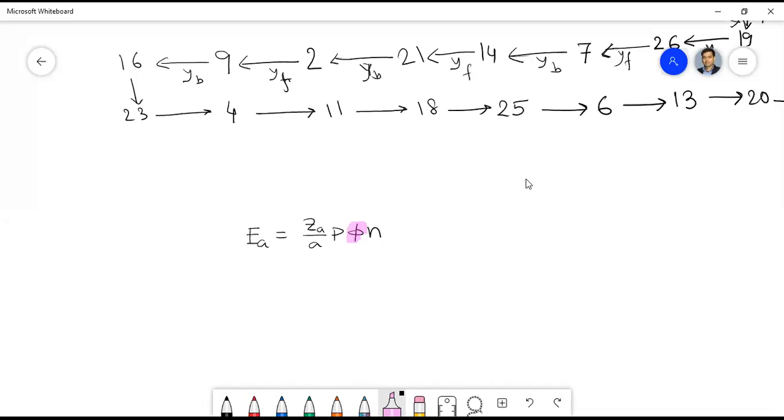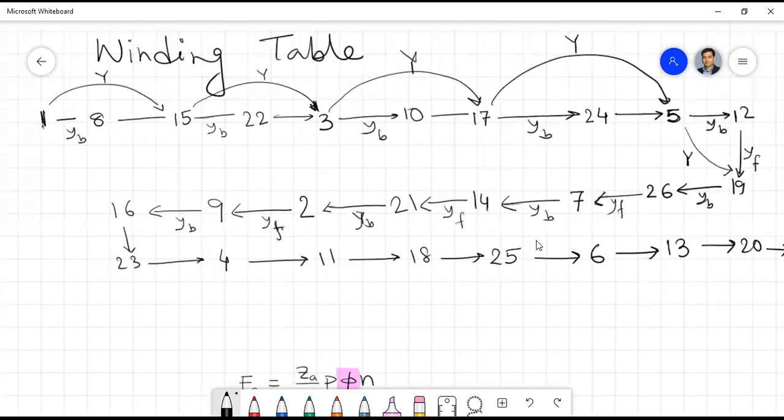We have discussed in the derivation of this expression how the flux determines the voltage induced in a coil. If this flux is different for different coils at a particular instant, then the voltage induced in those coils will be different.